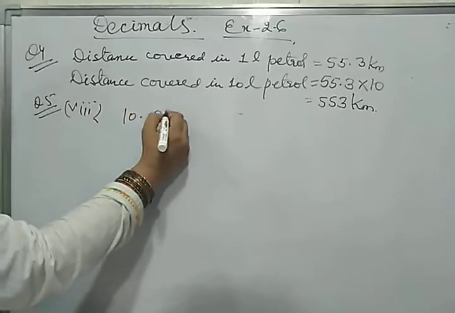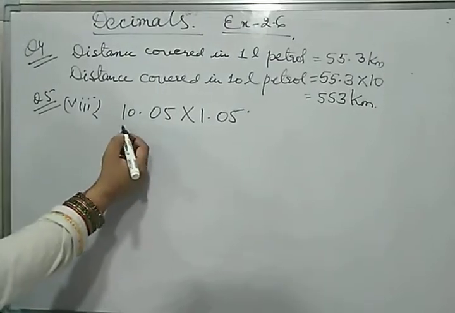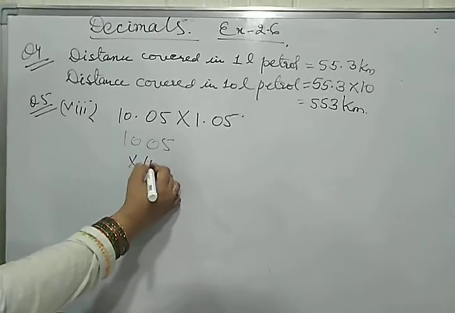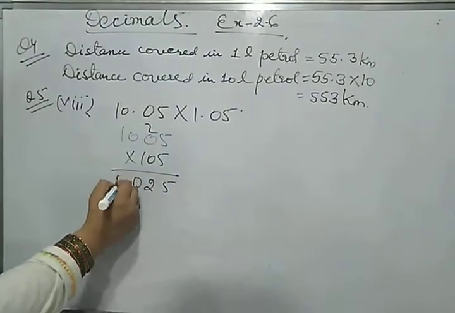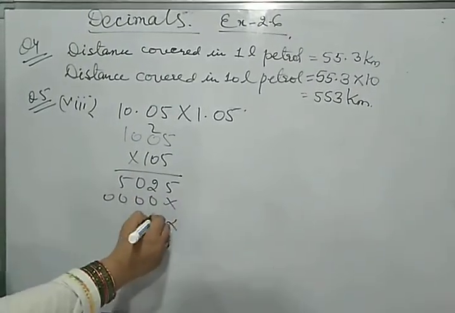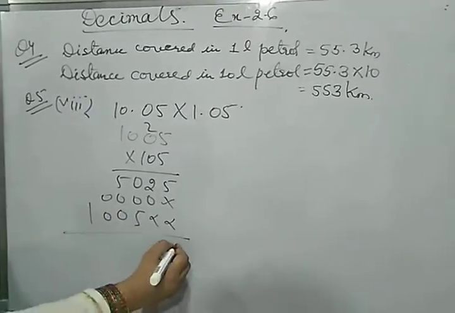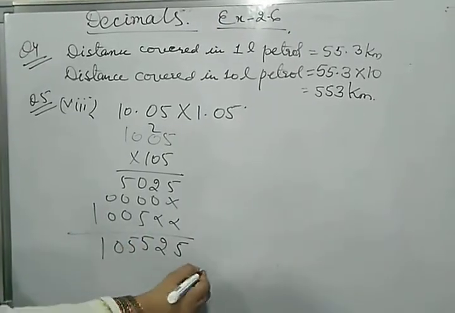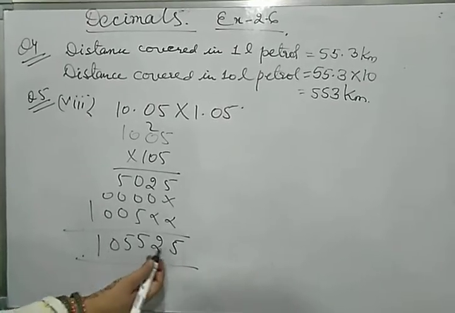Now see more questions to understand it better. Multiply 10.05 by 10.5. This is the multiplication: 105525.